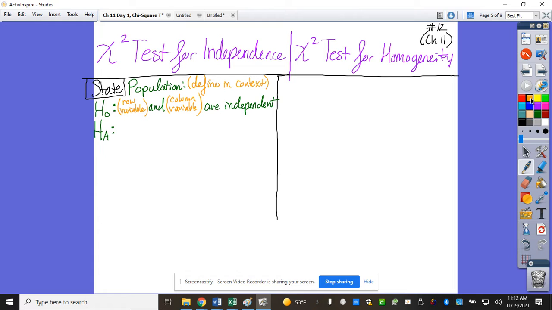Row variable and column variable are not independent. Most of the time I always write not in capitals. I don't care if you do or not. It's just kind of to me to stand out which one's which.